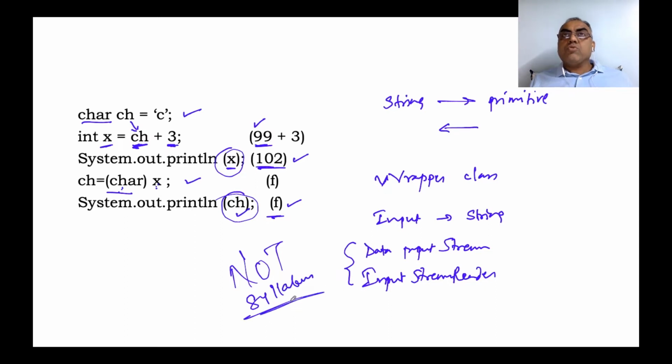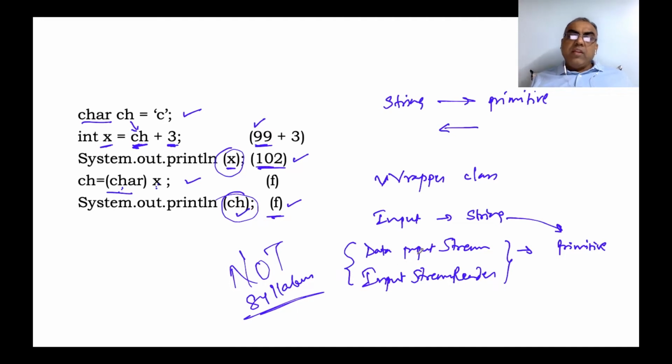But because we used to do this previously, these two would accept the data value as a string first, and then we needed a mechanism which would convert the value of the string into its related primitive type.